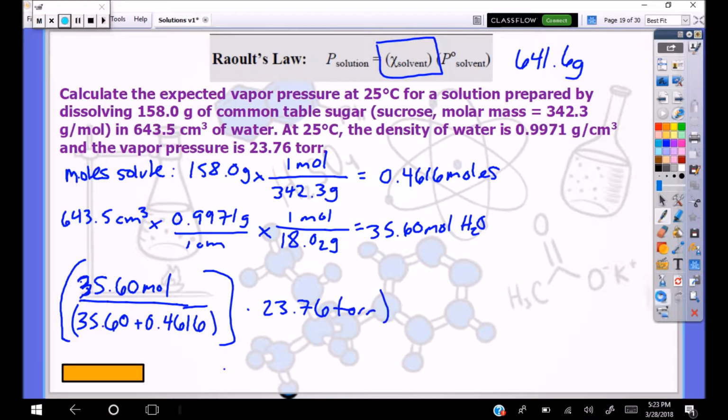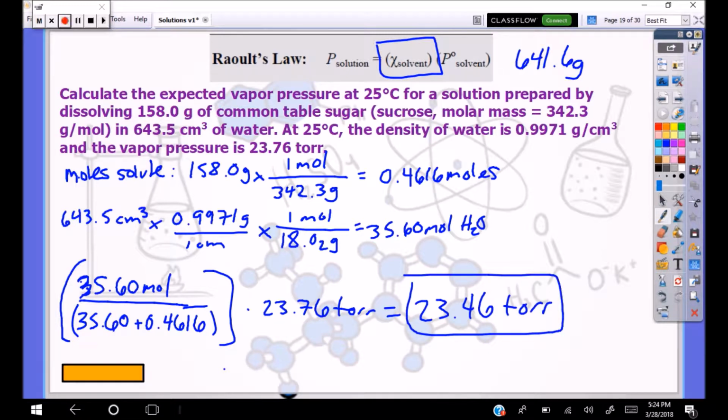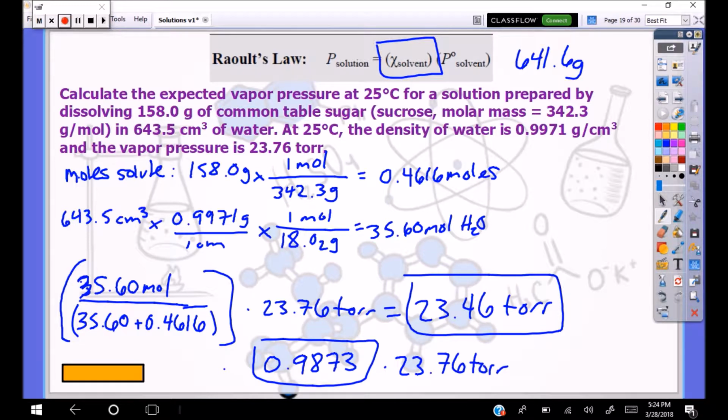And I end up getting an answer of 23.46 torr. So it didn't go down by much, but it did in fact go down, which is what we expected. The mole fraction calculation resulted in 0.9873, so I multiplied that times 23.76 torr, if you needed to see the in-between step. Okay.